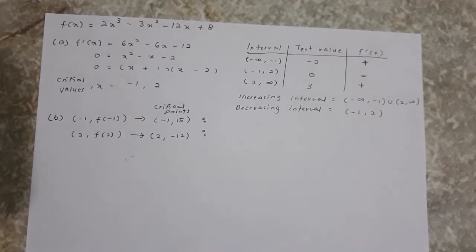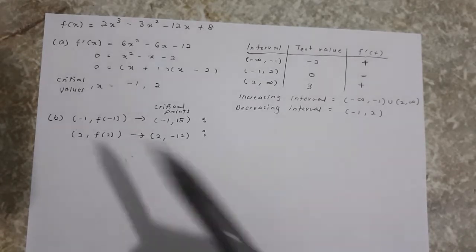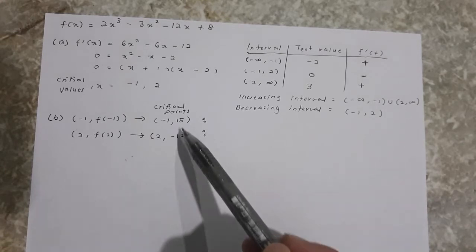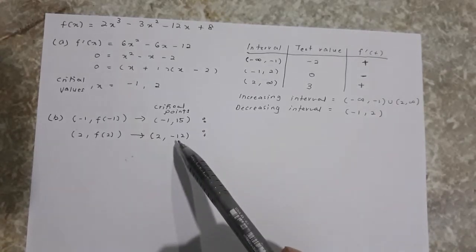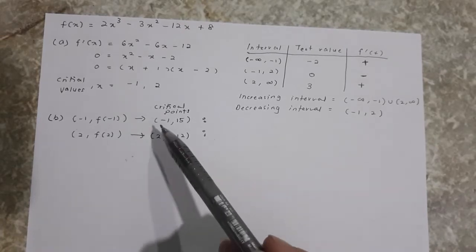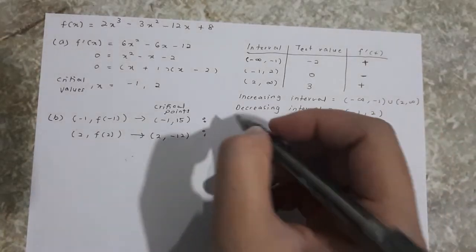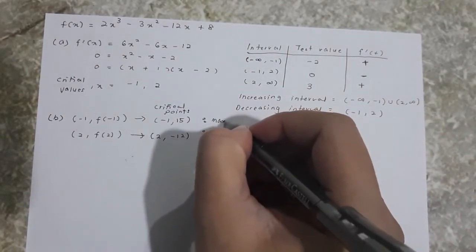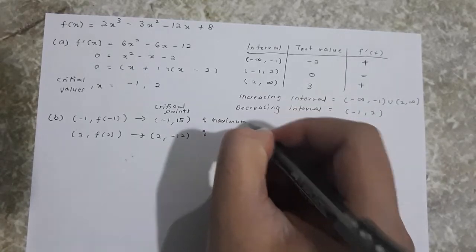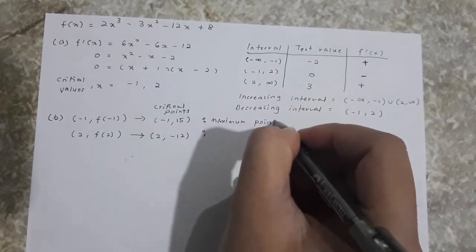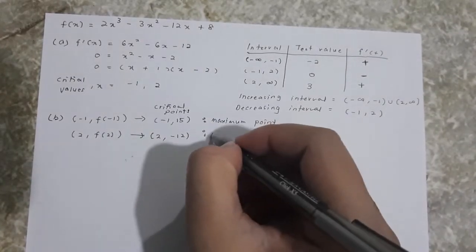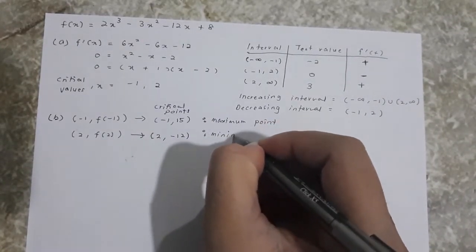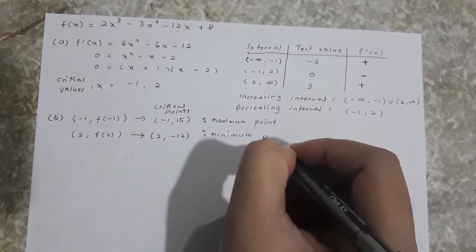To classify a critical point as either maximum or minimum point, look at the y coordinate. 15 is above -12. Therefore, -1, 15 is the maximum point. And 2, -12 is the minimum point.